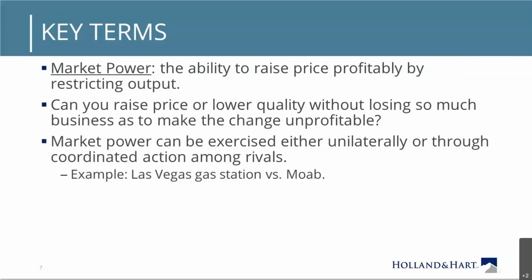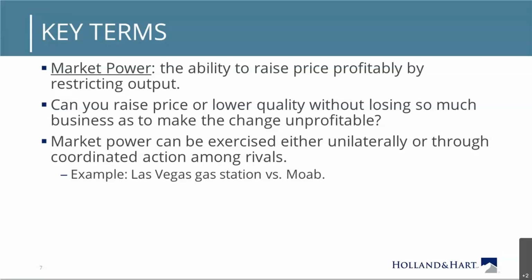All right. All this, of course, matters only if you have market power, and that is the test that we're looking at. Does an entity or will a combined entity have market power? This is the ability to raise price profitably by restricting output. And the question you want to ask yourself is, can you either raise prices or can you lower the quality of the product or service that you're providing without losing so much business that it becomes unprofitable?